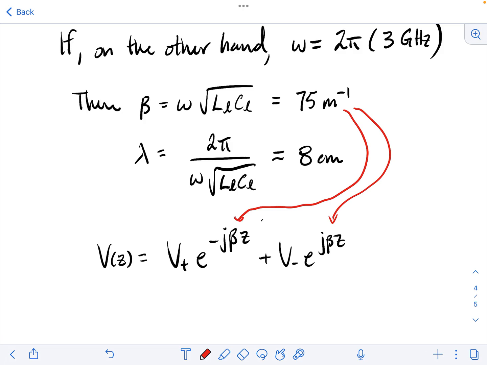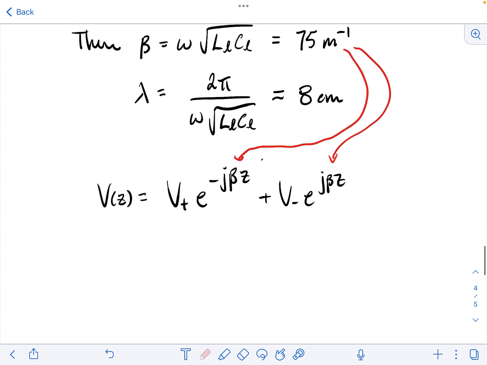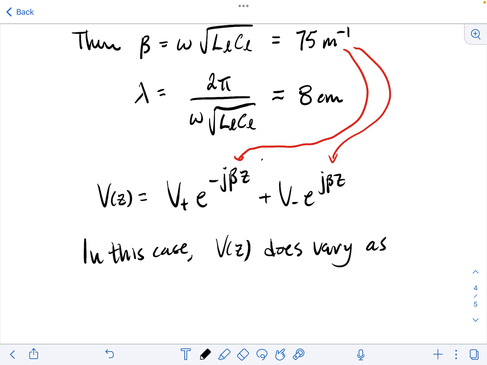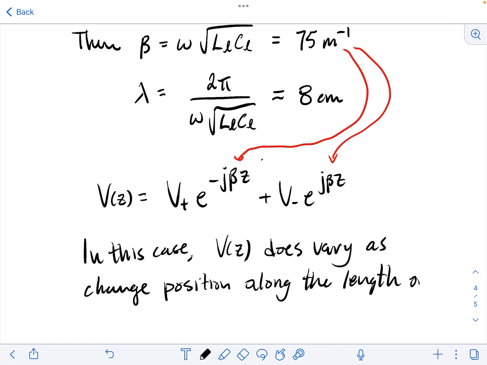So in this case, the voltage amplitude does vary as we change position along the length of the transmission line.